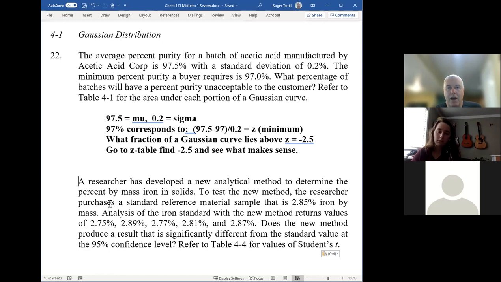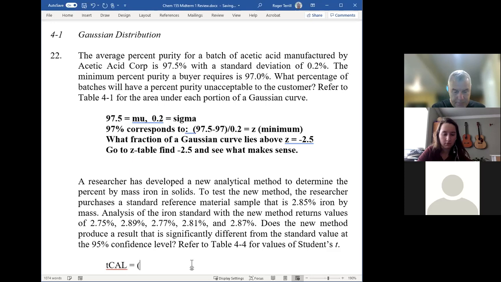Okay, so what you want to do is create a T calculated, right? T cal equals x minus mu times square root of n divided by s, right?